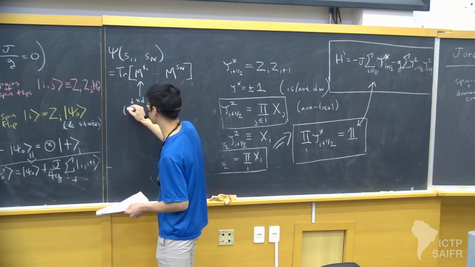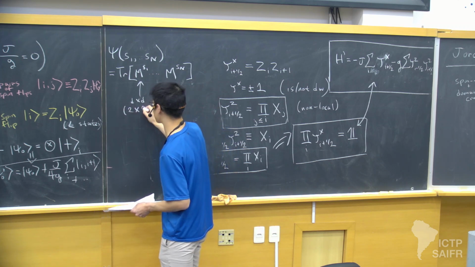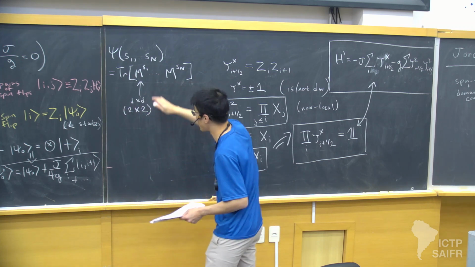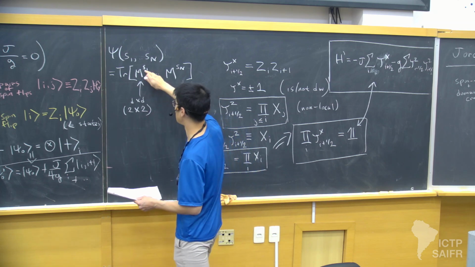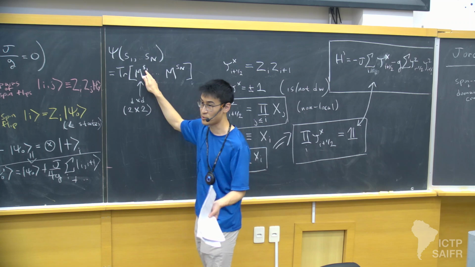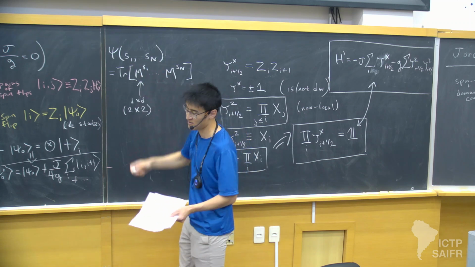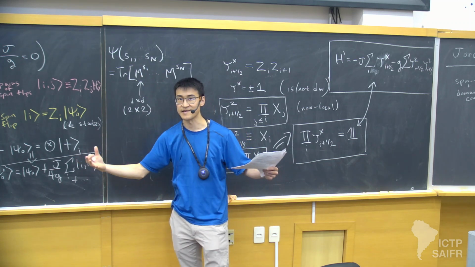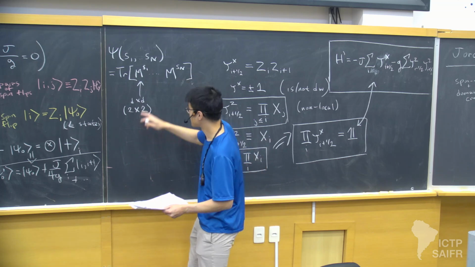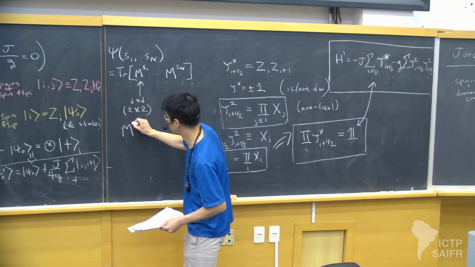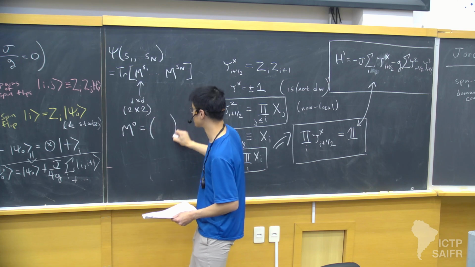For our purposes, let's just choose 2 by 2. That'll be sufficient for this exercise. So M is a 2 by 2 matrix, which also depends on the value of S1. S1 to SN are computational basis states, strings of zeros and ones. It's just how you specify the wave function. And so M^0 will be some 2 by 2 matrix.